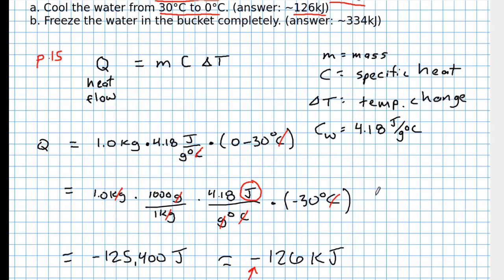All right, I'm not going to finish B. I want you to be able to do that one yourself. I'm just going to tell you what you need to know. So in order to freeze the water in the bucket completely, the answer is 334 kilojoules.